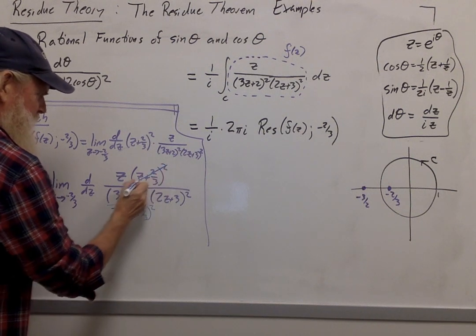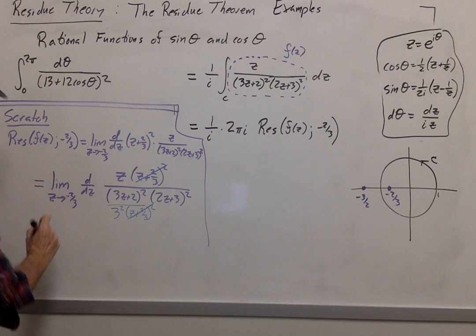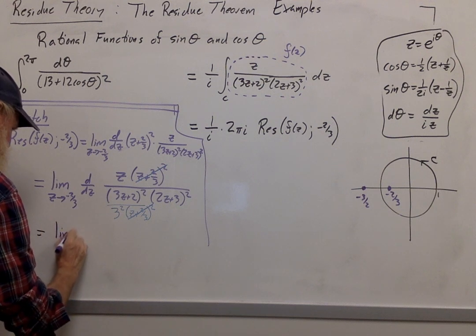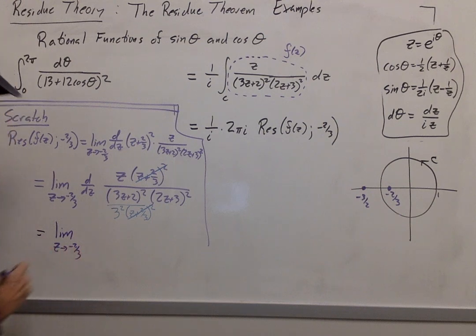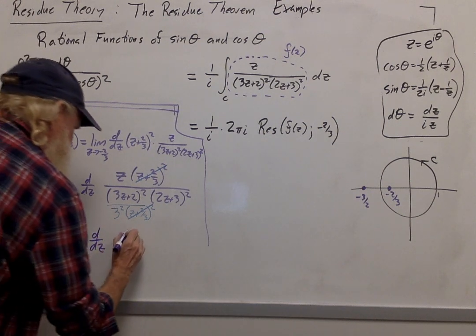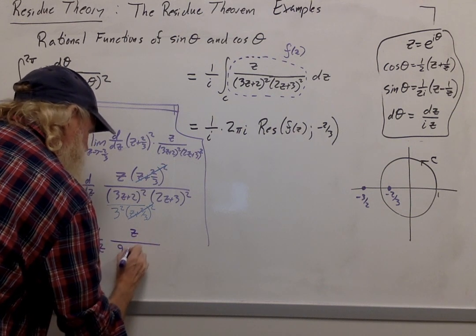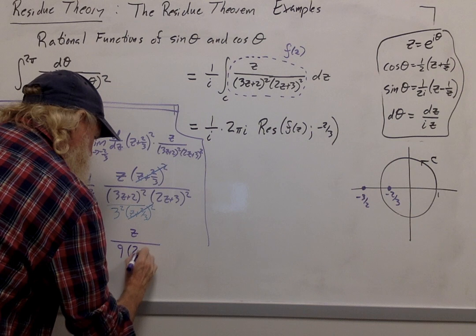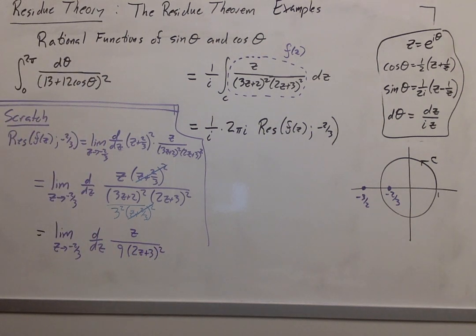So then if I want, I can cancel this factor with that factor. And I get the limit as z goes to negative 2/3 of the derivative with respect to z of z over 9 times (2z + 3) all squared.